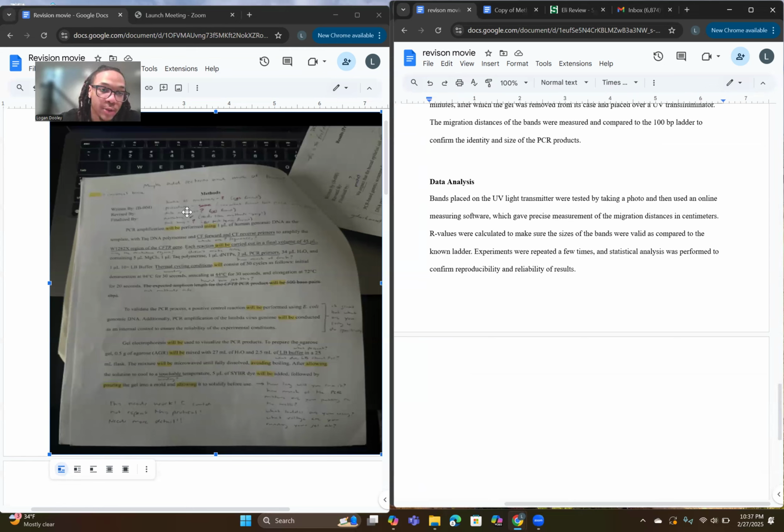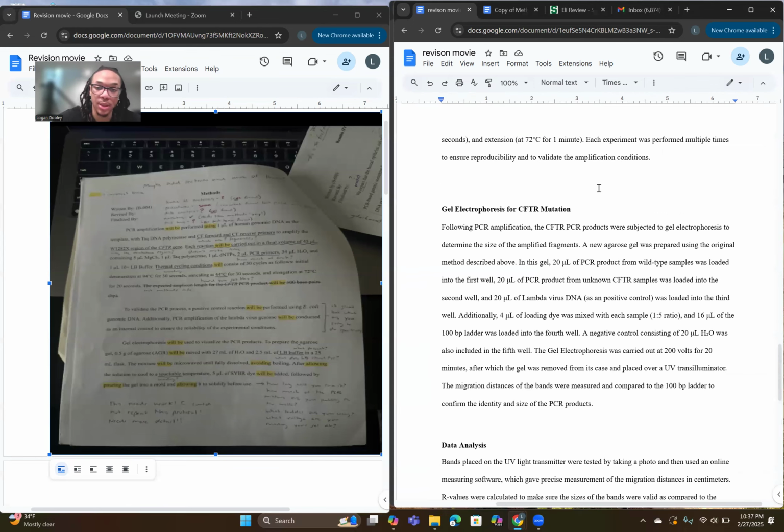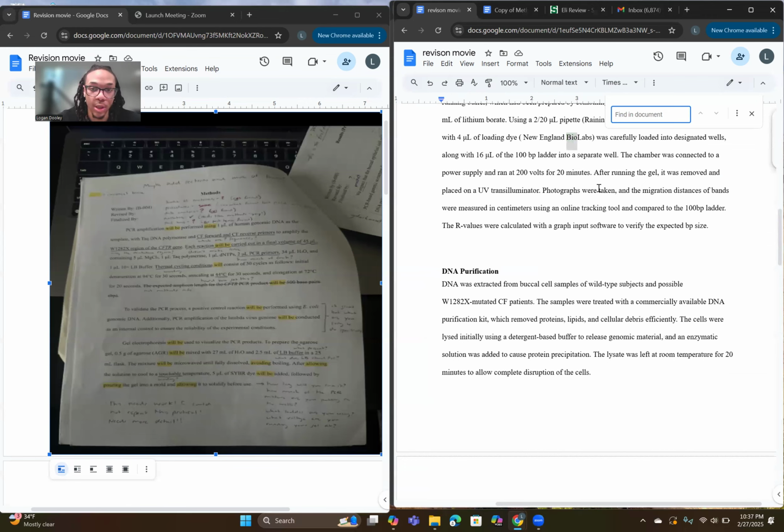There's also the narrative. Narrative wasn't a problem. Past tense was something that we struggled with on the first one. As you can see, all these highlighted things are the wrong tense.